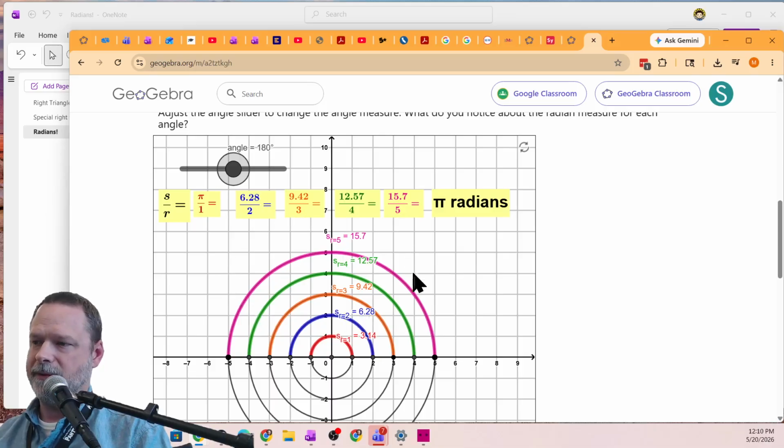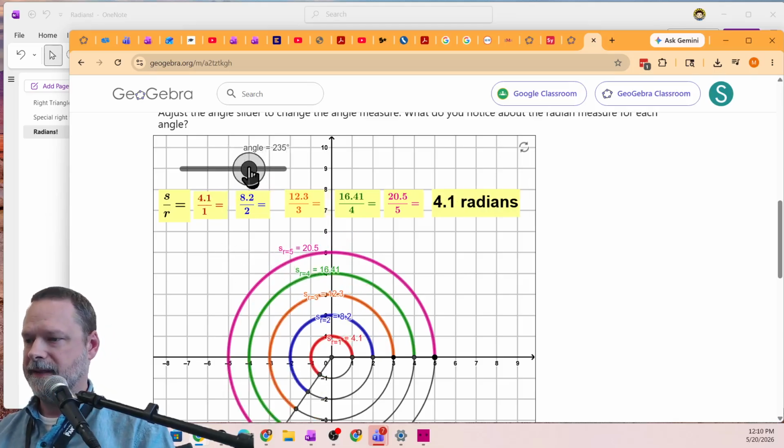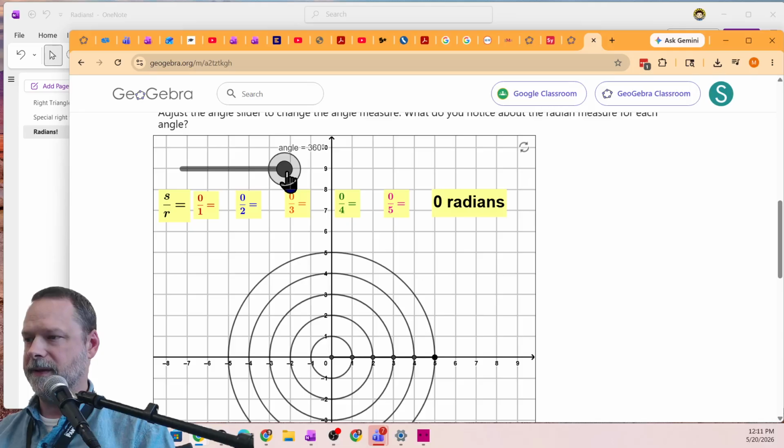Of course, our circumference is getting bigger, but in relationship to the radius, it's the same. This would be pi. So this is 5 pi over 5, 4 pi over 4, 3 pi over 3, 2 pi over 2, 1 pi over 1, pi. And so we got pi radians. Pi radians, 180 degrees. And we can keep going until we go all the way around.